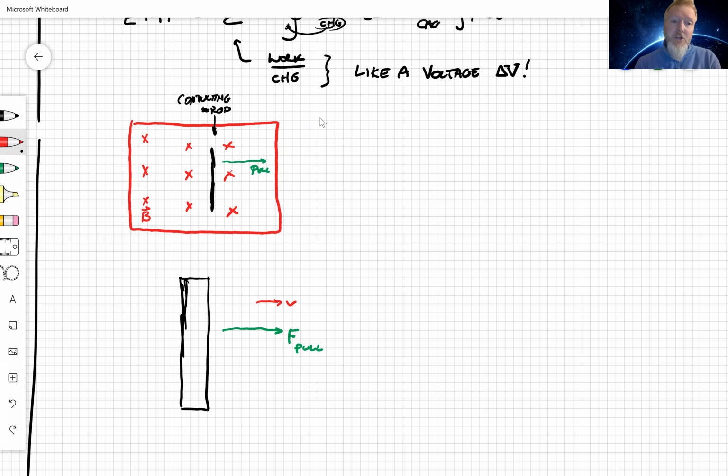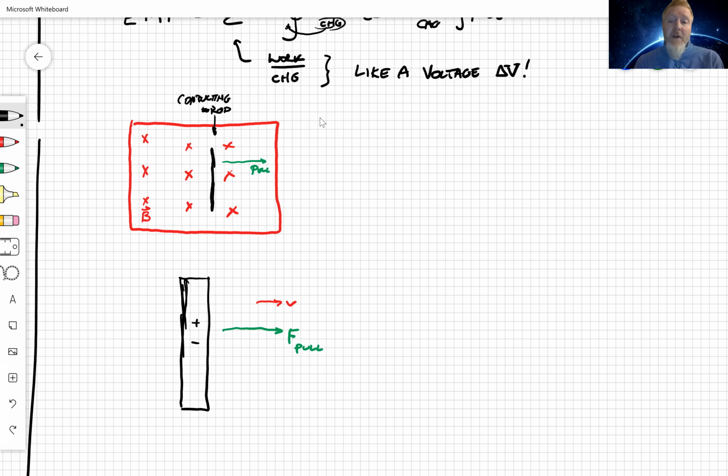So the force on the charges, if I think about the positive and negative charges, and suppose that they were just free to move around inside here, okay? So here's a positive charge, and here's a negative charge, and I'm pulling it to the right.